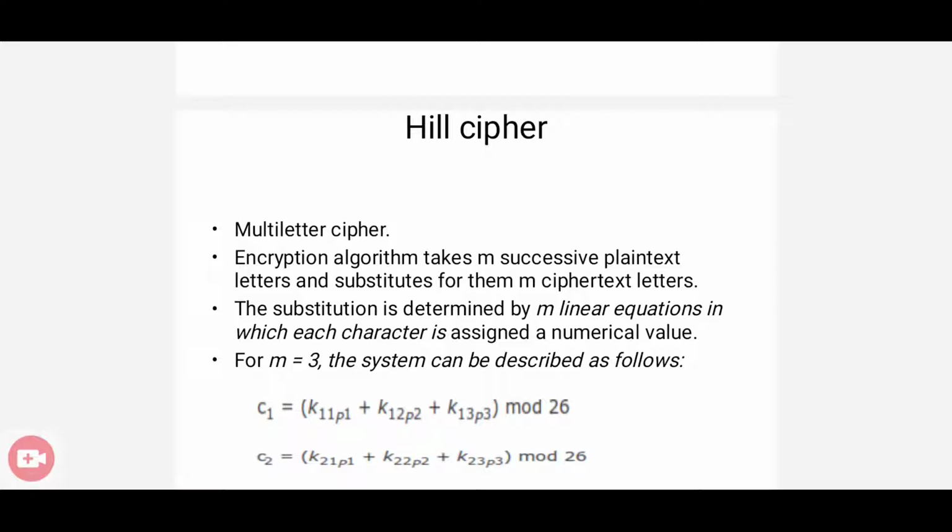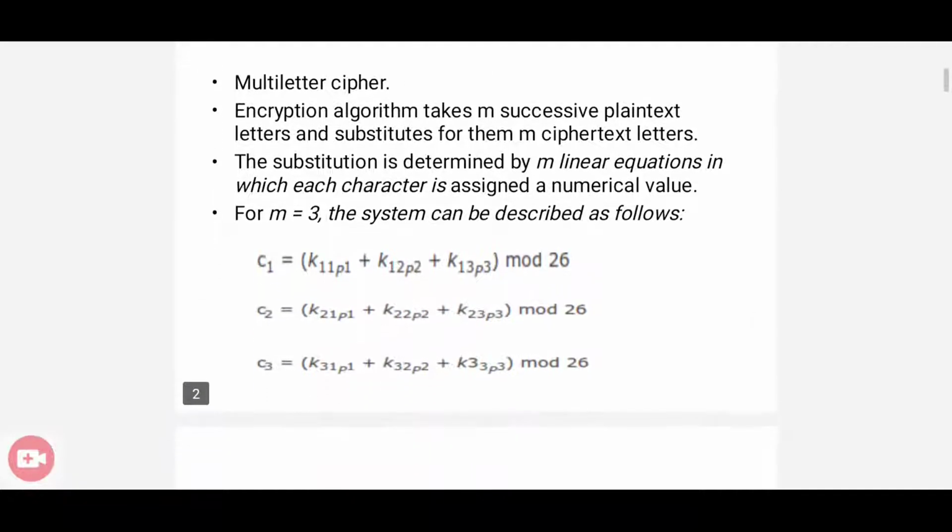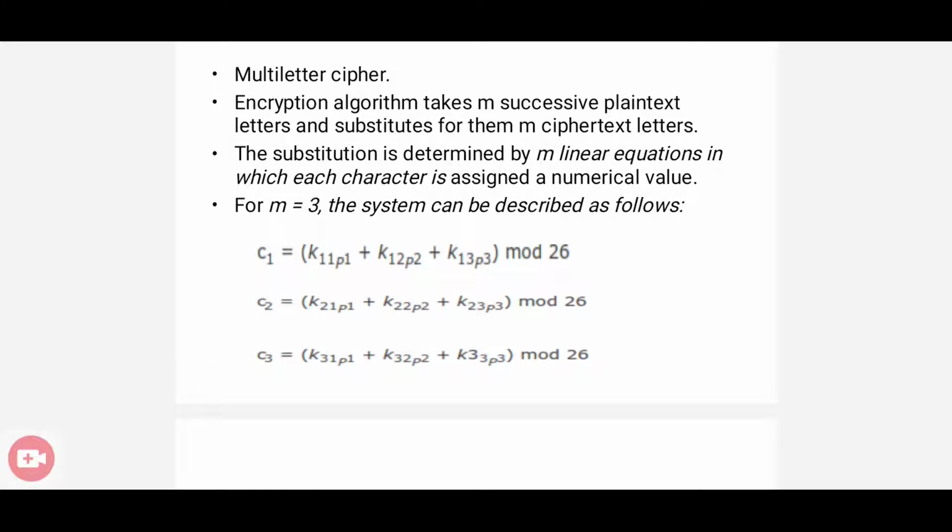Here, if m is equal to 3, then the system can be described as follows. That is, C1 is equal to K11 P1 plus K12 P2 plus K13 P3 mod 26. Same way C2 and C3. Here we are using a linear equation system model in Hill cipher.